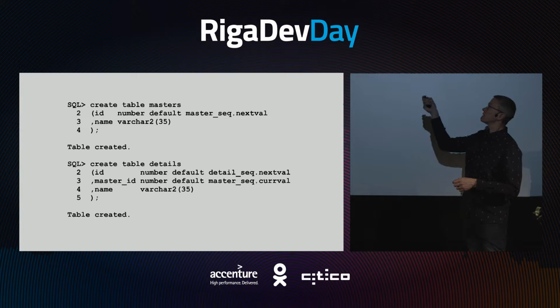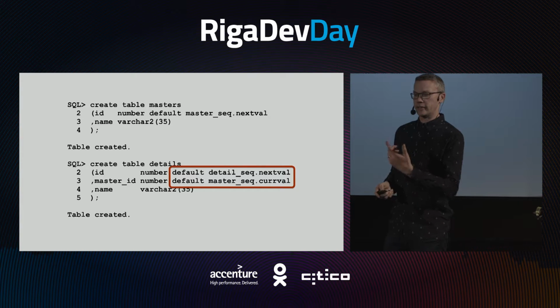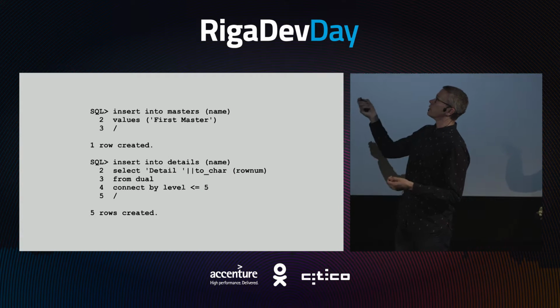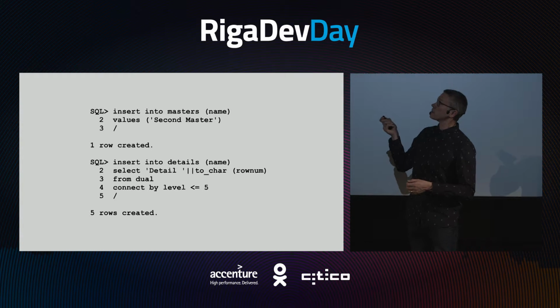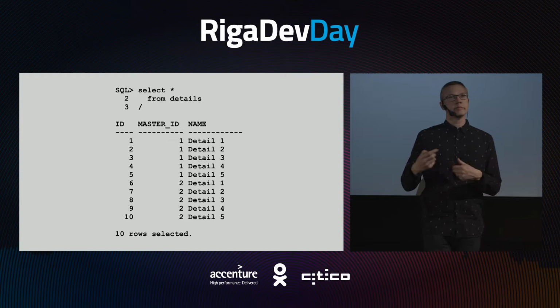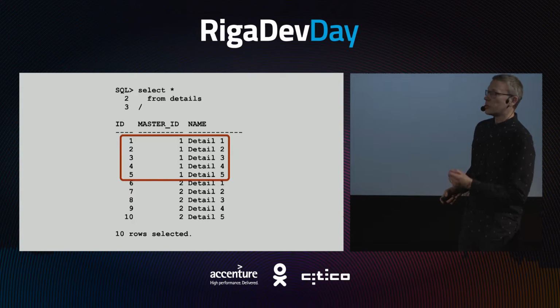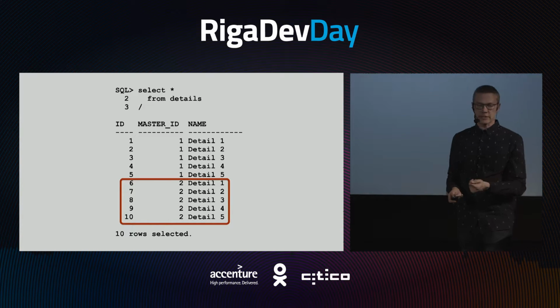Okay, so that's the next val, that's the current value. So that's cool. So now you can populate it first master, add some details to it, get your second master, add some details to that one as well, and you get your table populated. These are master 1, these are master 2. That's something you can do.